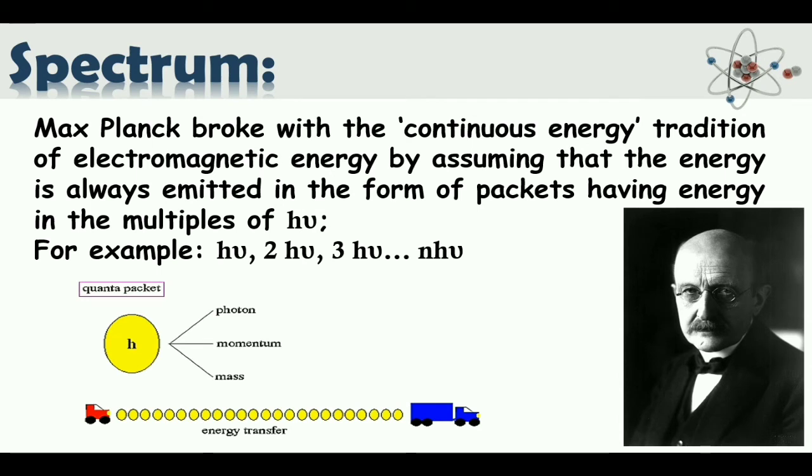You can see h nu is a quantum packet, meaning a packet of energy which contains photon, momentum, mass. Energy is transferred in the form of small packets, not as a continuous thing. The energy may be h nu or 2h nu, depending on the material.